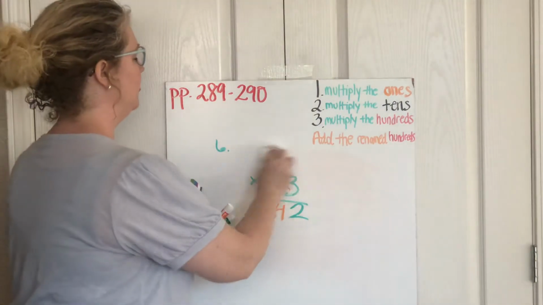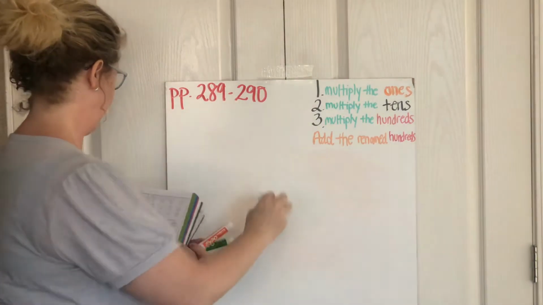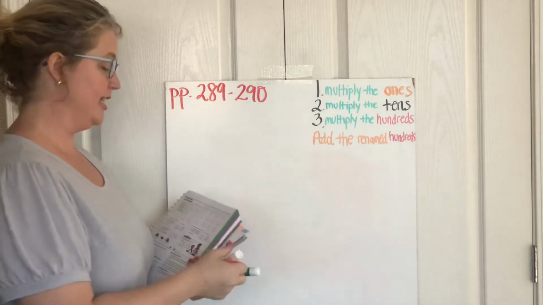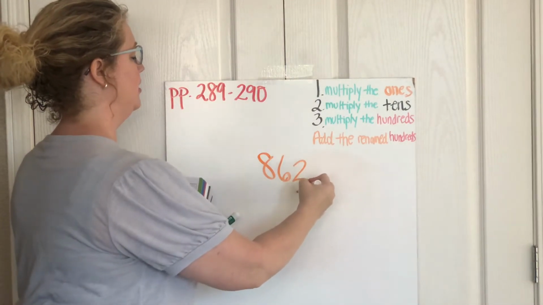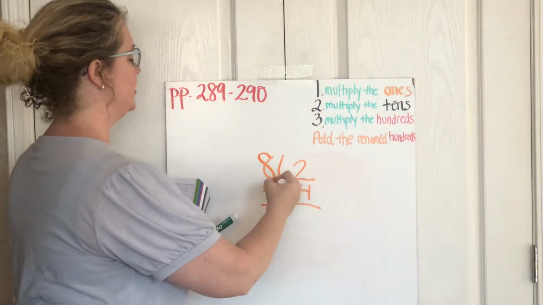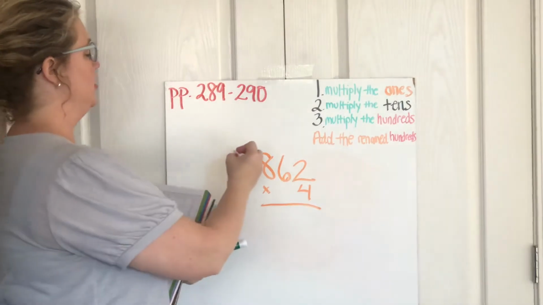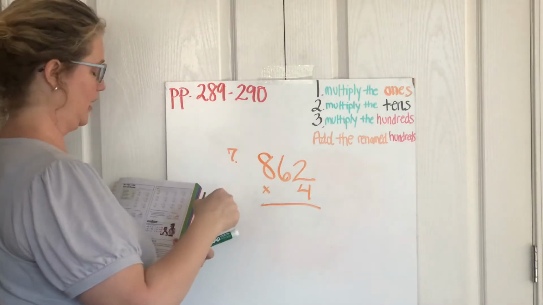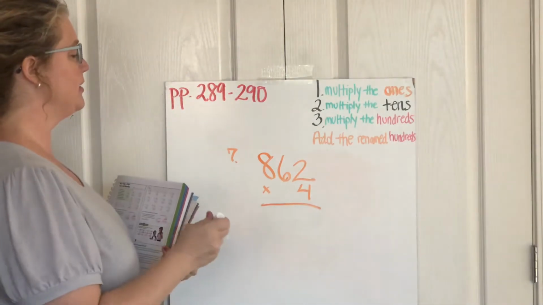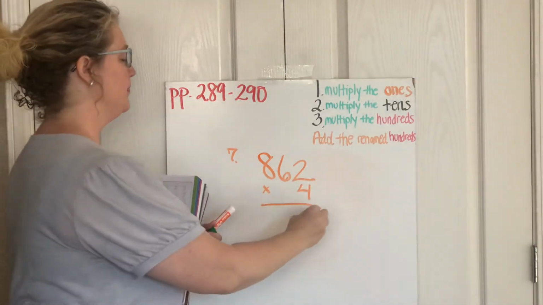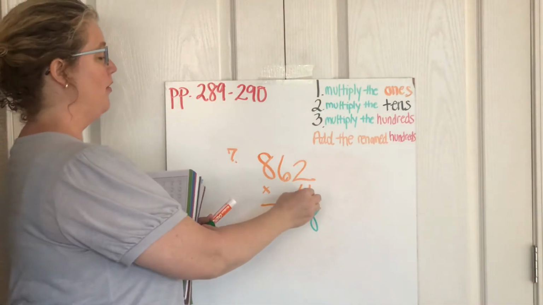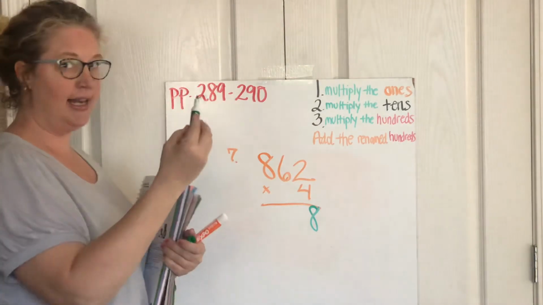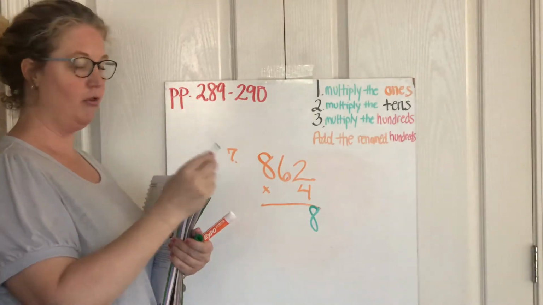Number 7, multiplying 862, a large number, times 4. So that's 4 sets of 862, right? Multiply the ones. 4 times 2, 8. Do I have to rename? No, I do not. 4 times 6, I know automatically that that's 24.